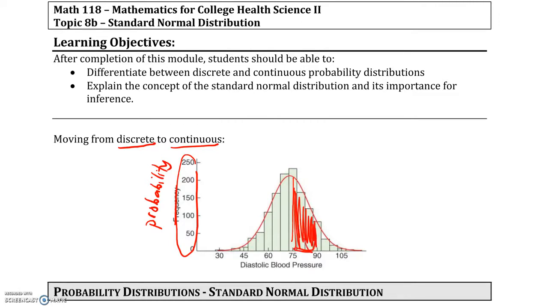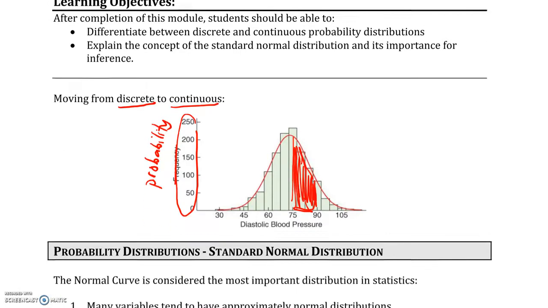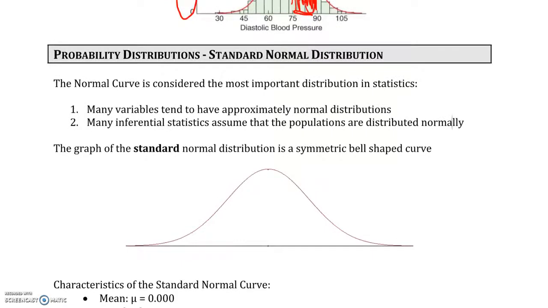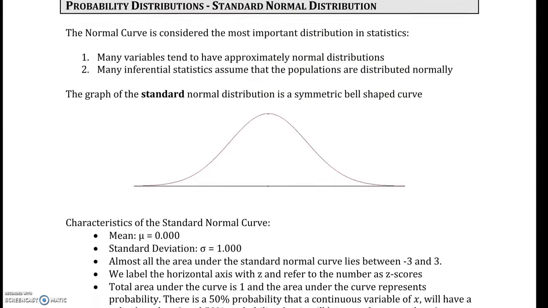For a continuous model, what we're going to be looking at again is the area underneath the curve between two values. Okay, so to get started with that, we're going to be looking at what we call the standard normal distribution. The standard normal distribution is used because there are many variables that seem to have a symmetric bell-shaped curve to them.